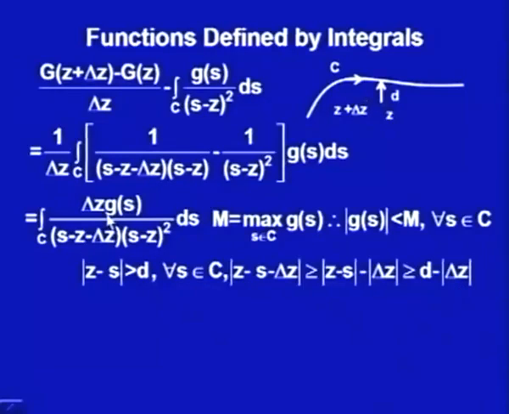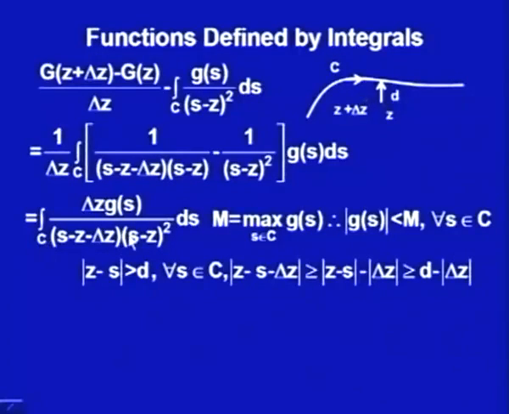Now, what we have got is that for all s on C, |G(s)| is bounded by this number M. The denominator |s minus z| square is greater than or equal to d square, or we could say 1 upon |s minus z| square is bounded by 1 upon d square, and 1 upon |s minus z minus delta z| is bounded by 1 upon (d minus |delta z|). So, this complete integrand is bounded by some constant for all s on C.